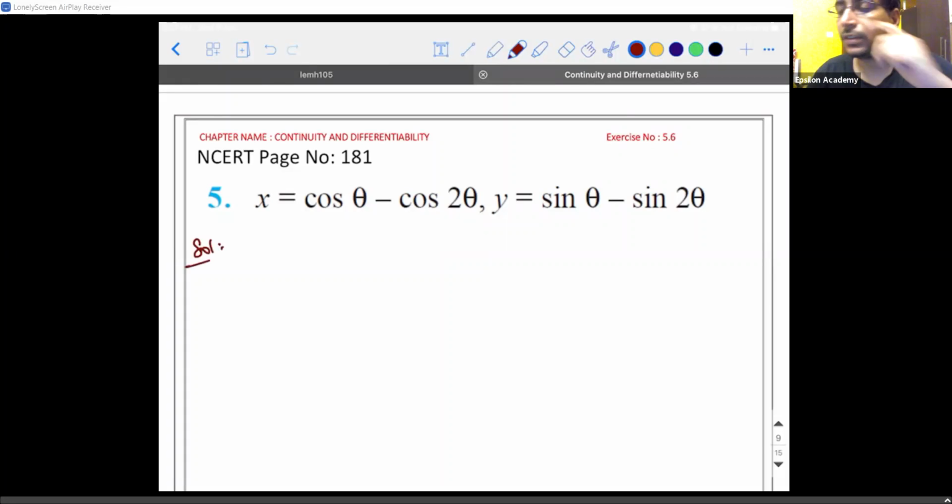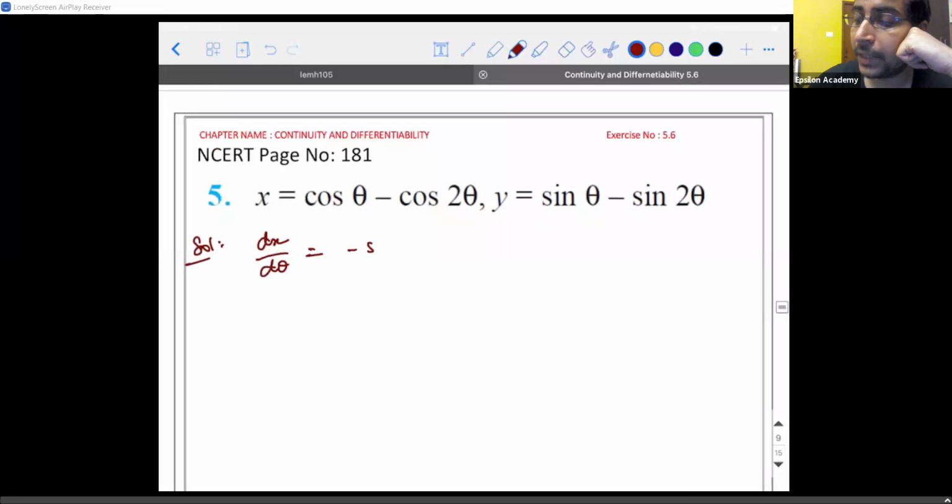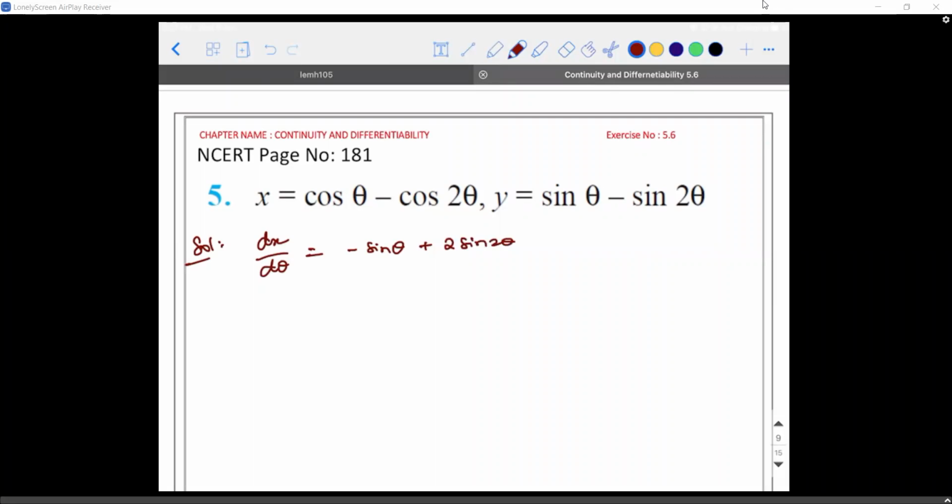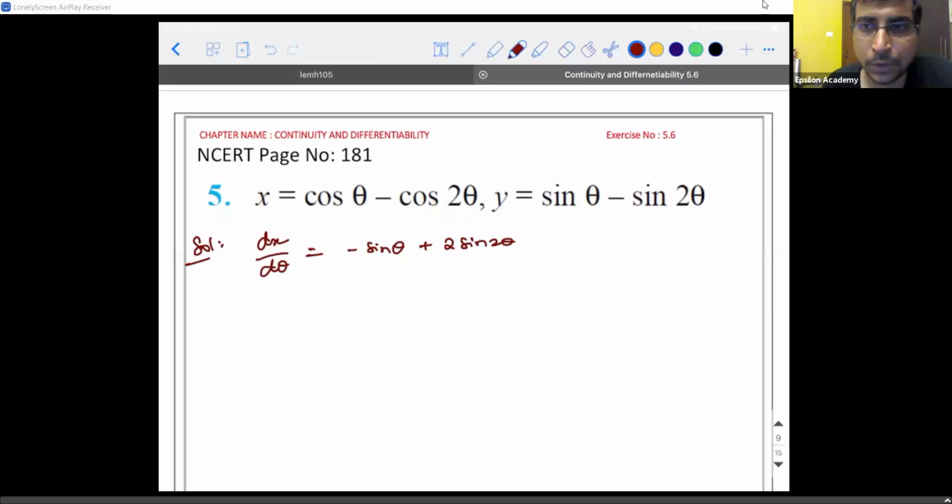The solution for this: x is equal to cos theta minus cos 2 theta, and y is equal to sin theta minus sin 2 theta. So what is dx by d theta, guys? It is minus sin theta plus 2 sin 2 theta. I directly wrote it by applying the chain rule.